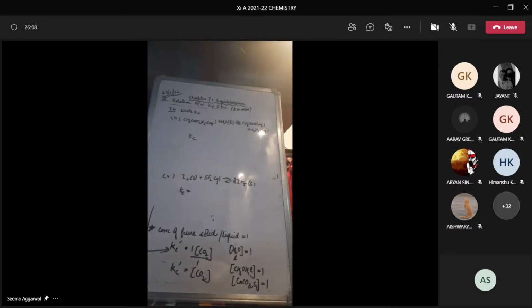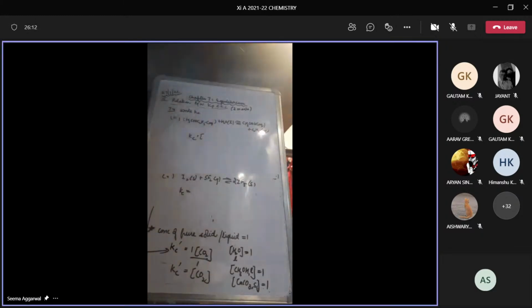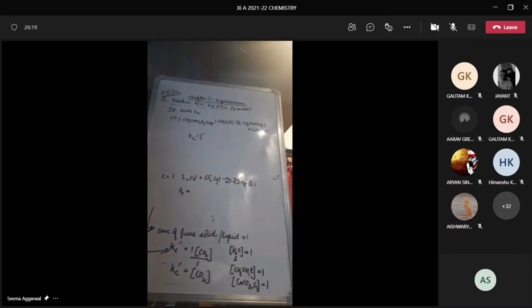You can do this reaction and Siddharth Semwal, you have to tell for this reaction. Okay, Rohan, tell me fast. First, I am writing it. Yes. Right. First tell the complete expression in the first step, then put equal to 1 for pure solid and liquid.